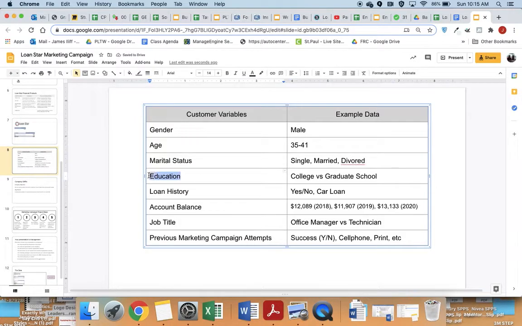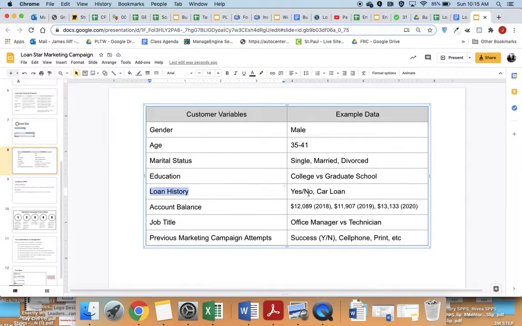You might look at their education and see that they have a college education, or a graduate level education, or a high school education. So that's all going to be baked into the data points of education.